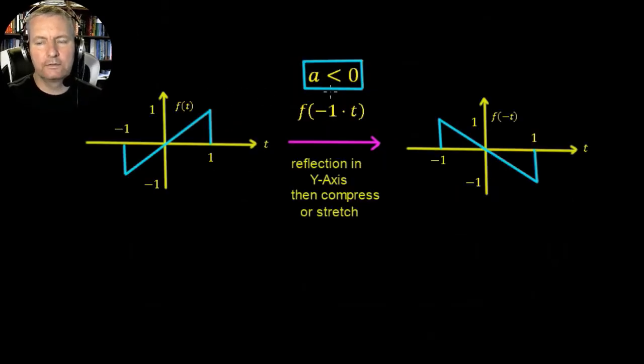If a is less than 0, let's say for example we have minus 1 times t, then that has the effect of reflecting it in the y-axis. So this point here gets reflected over here, and this little section gets reflected in this direction.